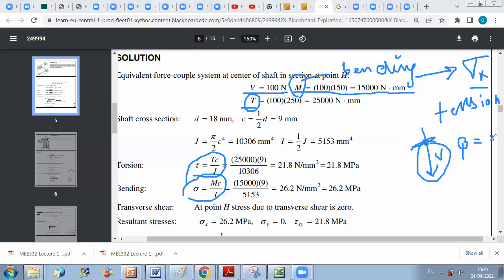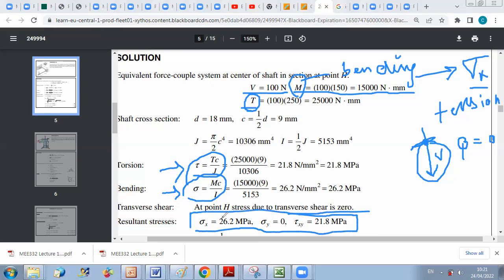So the only effects created are due to the torsion and bending, and therefore we can say that at point H the effect of transverse shear is 0. So we just have the resulting stresses sigma x and tau xy applied on this element.